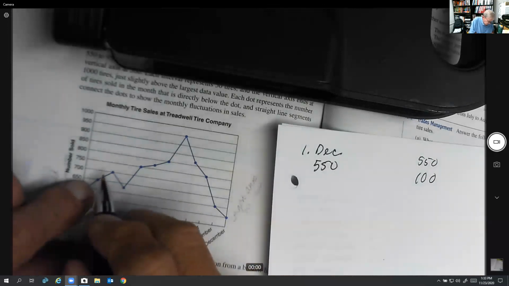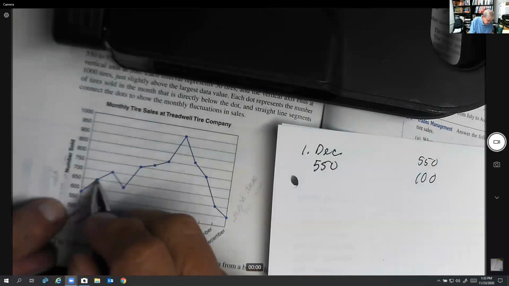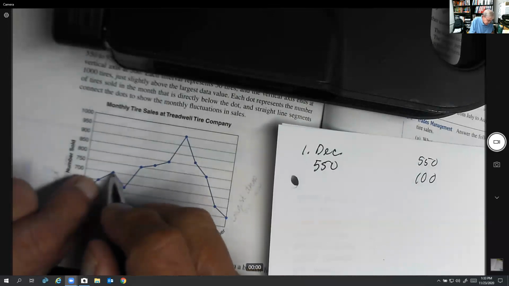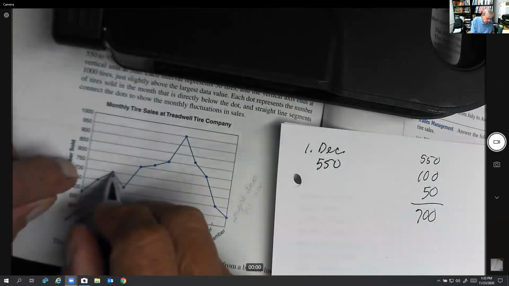And then from 650 to 700 would be 50. And I had them all together and I got 700, which I could have just looked at the graph and said, well, these all total up to the total for March, which was 700.